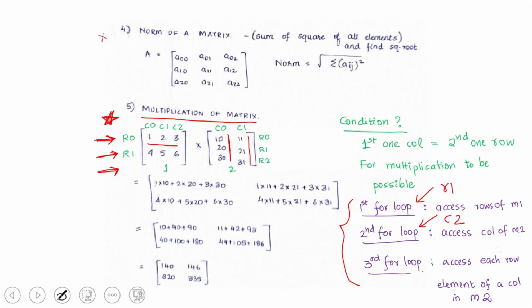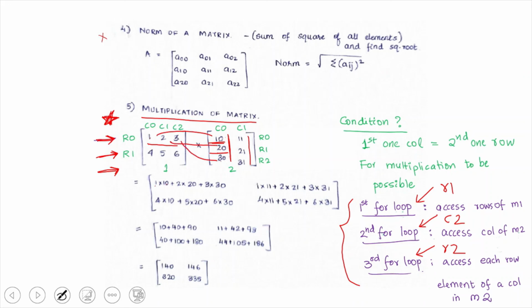Next will be, we have to access the element of each row of a particular column. So the limit that is given to the third for loop will be R2. So this is used to access each element and multiply that with the corresponding element.